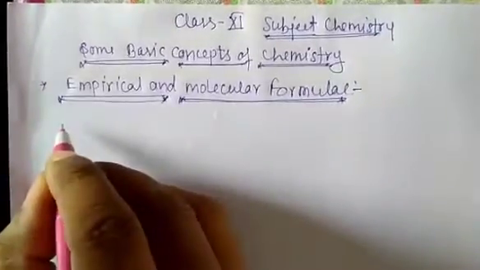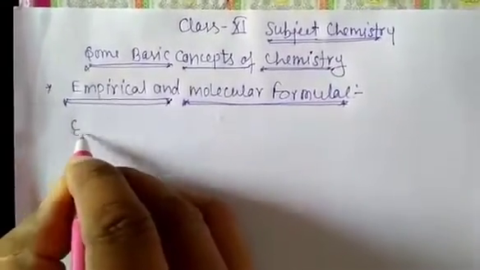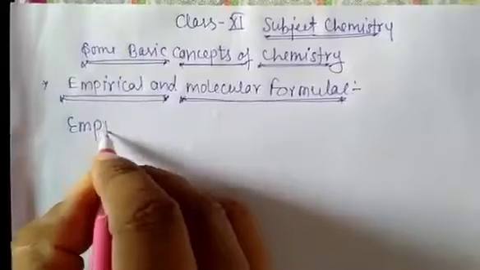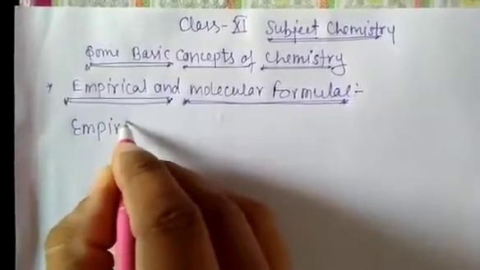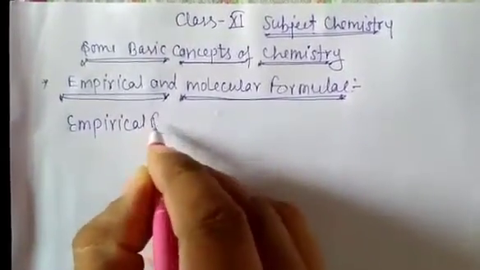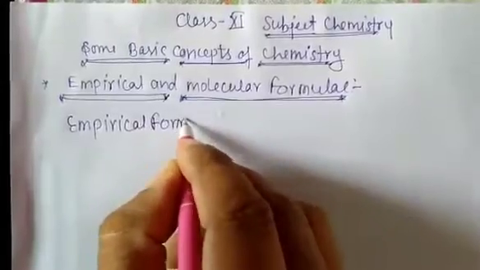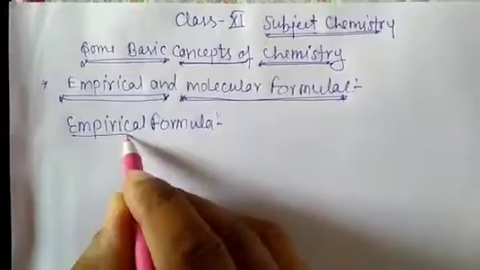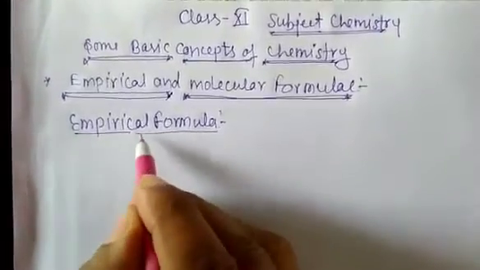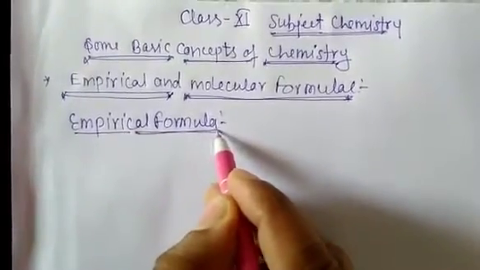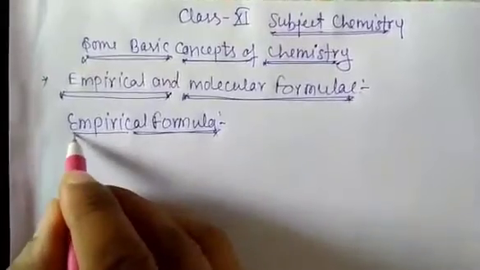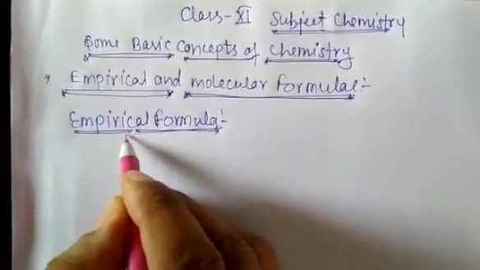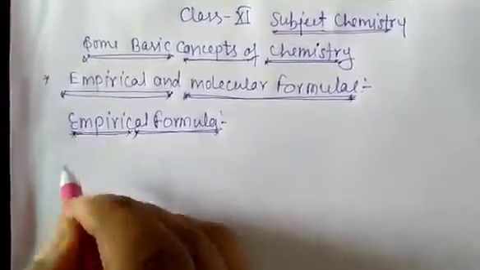So, first of all, we define empirical formula. Empirical formula is defined as the simplest whole number of each element present in the molecule.